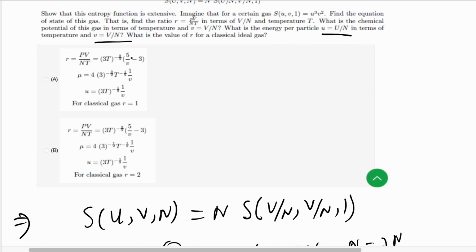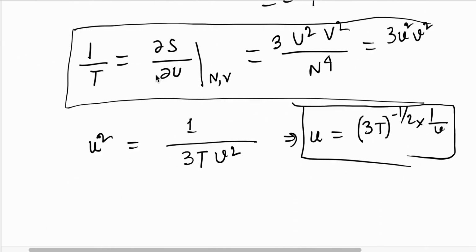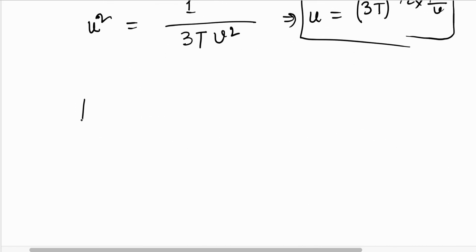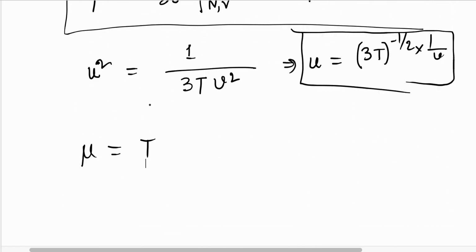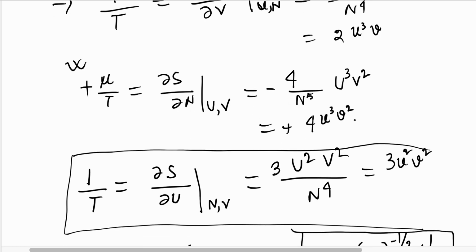Now the first part has been done, and the second part is, what is the chemical potential in terms of temperature and volume. Let us check. So chemical potential, minus will be cancelled here. So chemical potential mu will be 4 into temperature, small u cube v square.